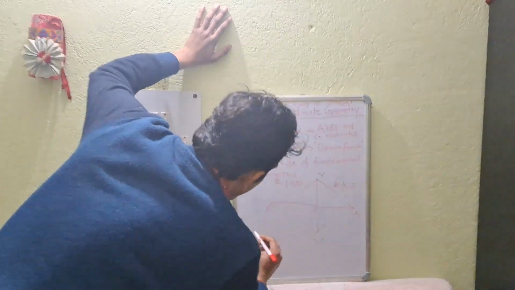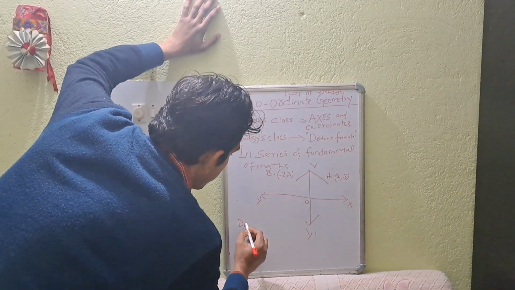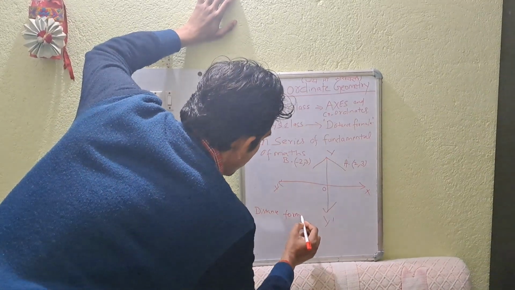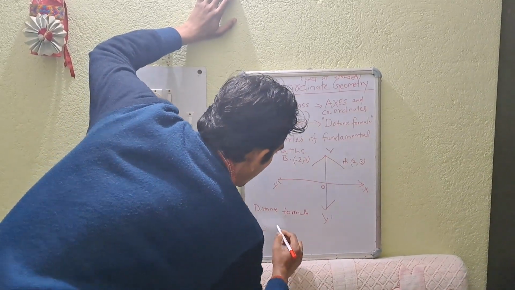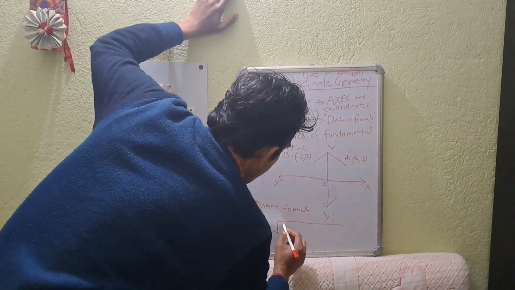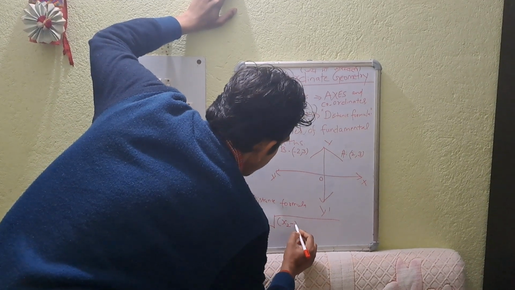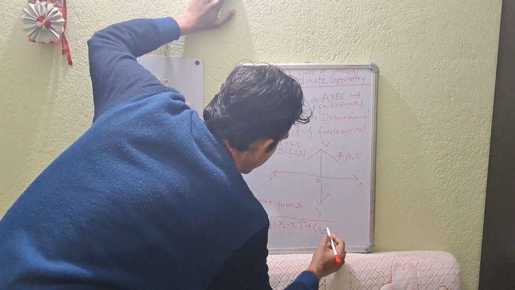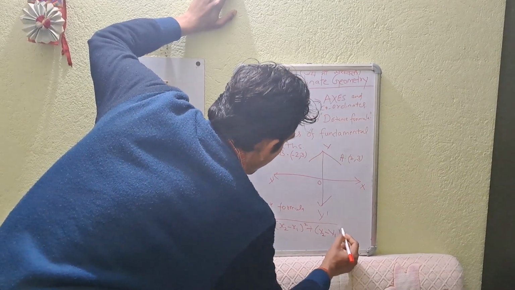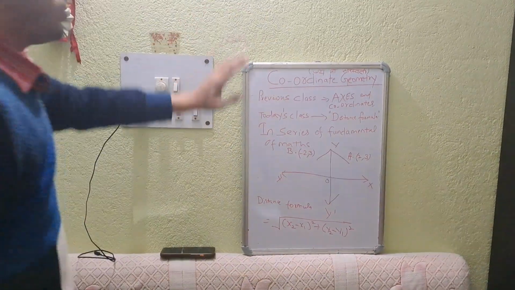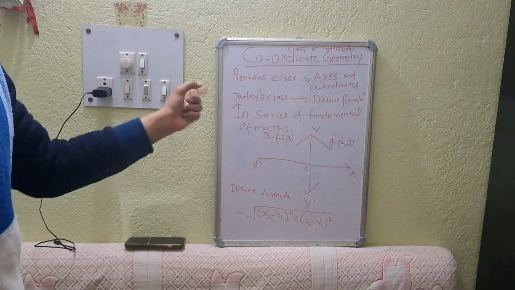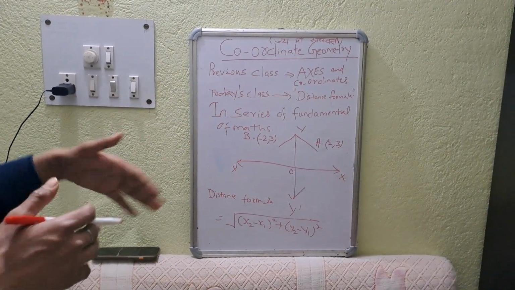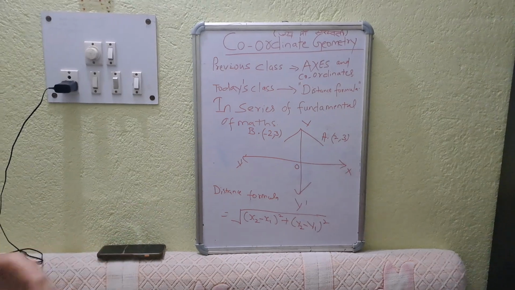The distance formula is equal to the square root of (x2 minus x1) the whole squared plus (y2 minus y1) the whole squared. Understood? This is the basic distance formula which we use in coordinate geometry to find the distance between two points.